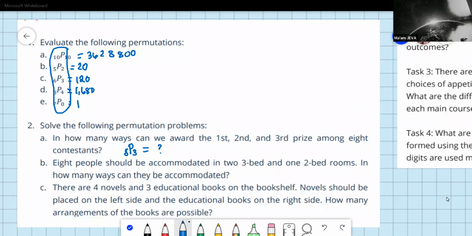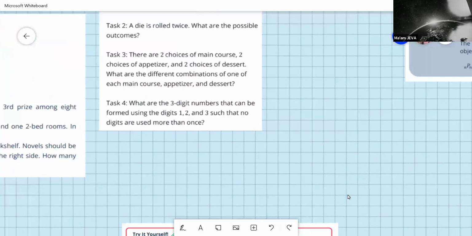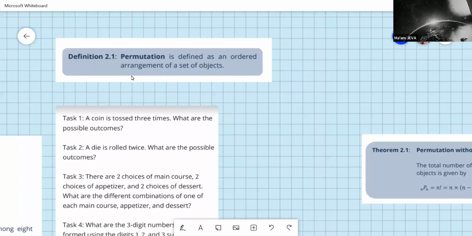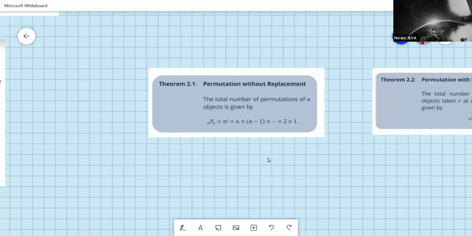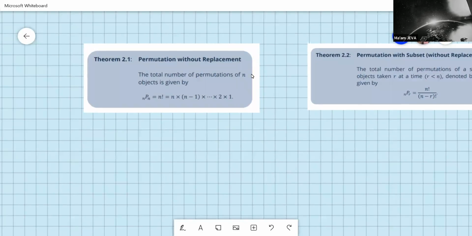Okay, so we will go back. So, mubalik ta sa discussion, and we will discuss first what are permutations. Okay, so we just discussed yesterday the definition 2.1, and then we go to the theorem, which is the 2.1 permutation without replacement.